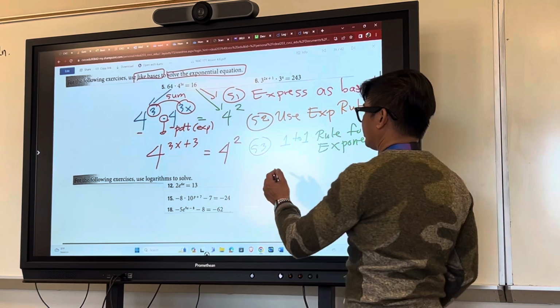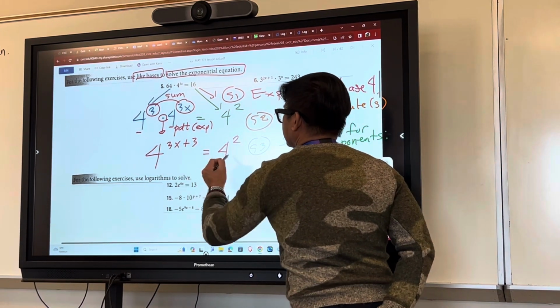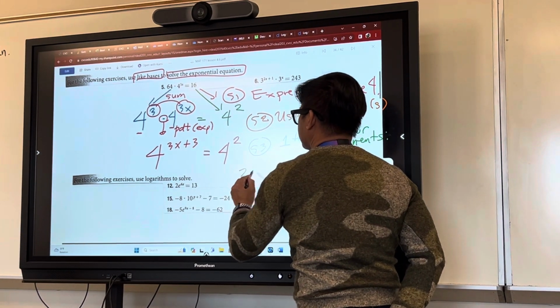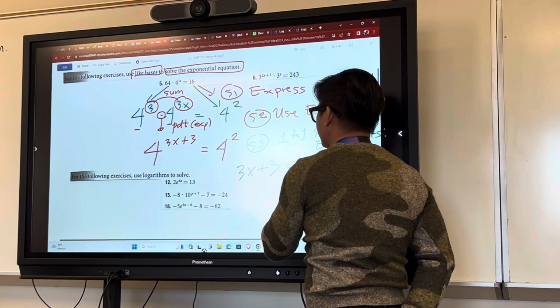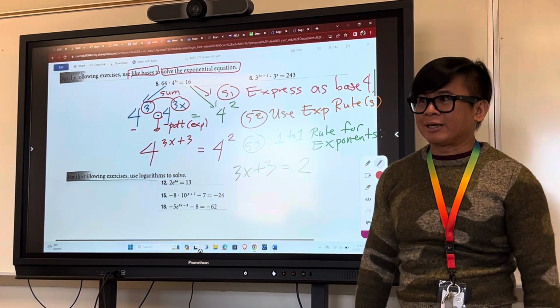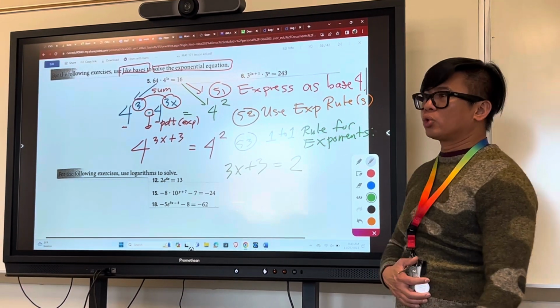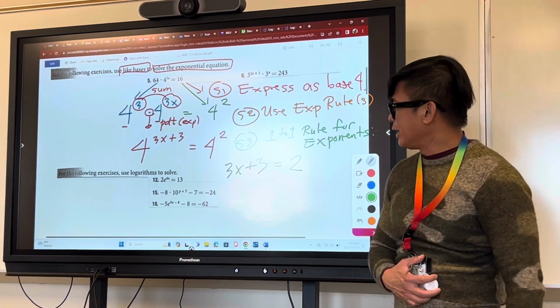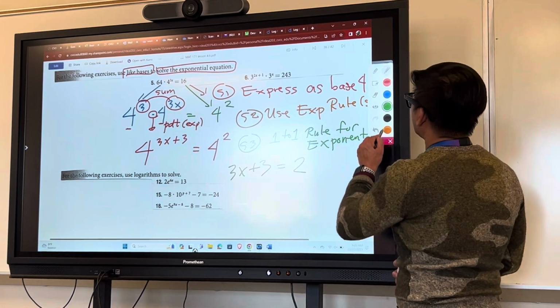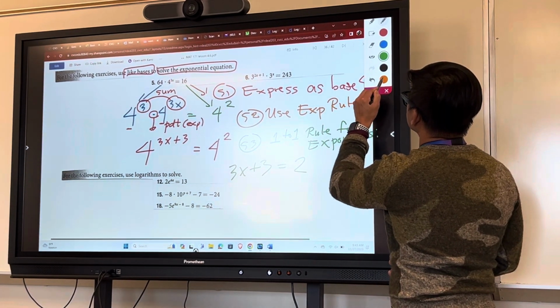They're the same. Very good. That means if the bases are the same 4, then the exponents 3x plus 3 on the left and 2 on the right should be the same. Are we good, guys? Again, that's called the one-to-one rule for exponents. And the last one, step number 4.